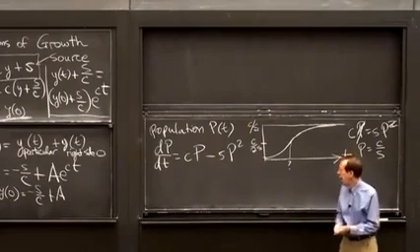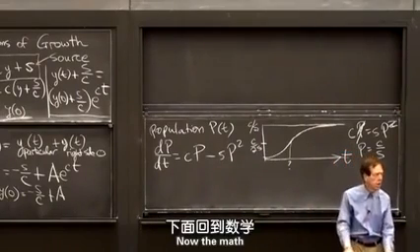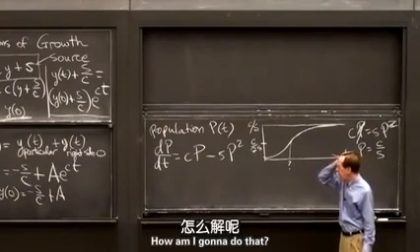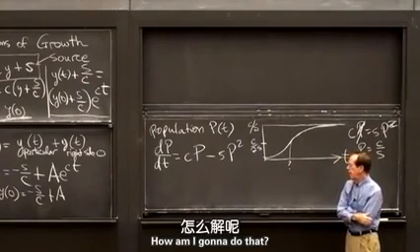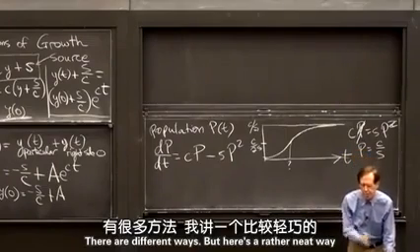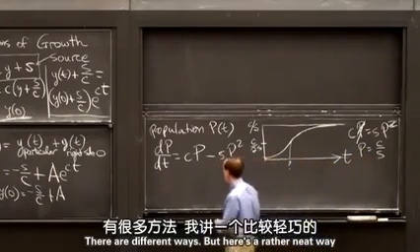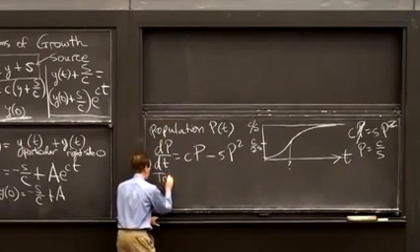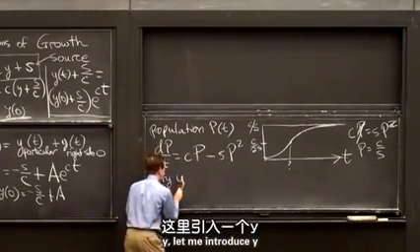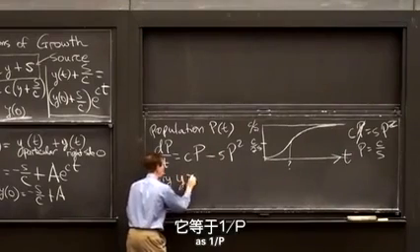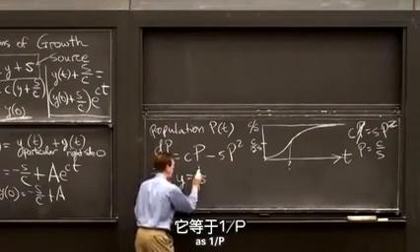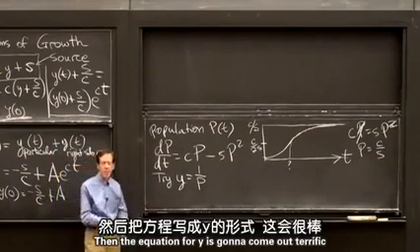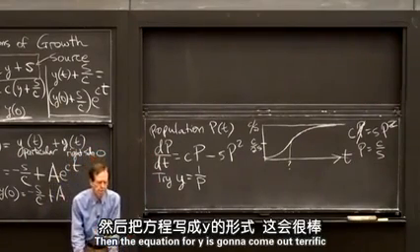Okay, now the math. The math says solve the equation. Okay, how am I going to do that? Well, there are different ways, but here's a rather neat way. It turns out that if I try y, let me introduce y as 1 over p, then the equation for y is going to come out terrific.